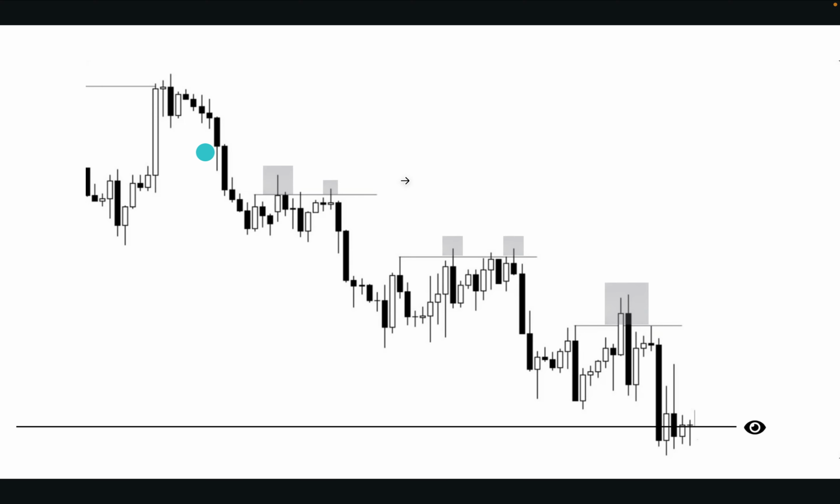Range inside key level equals expansion. Same thing here. Range plus key level, which is this fair value gap right there, equals expansion. Retracement plus key level equals expansion.